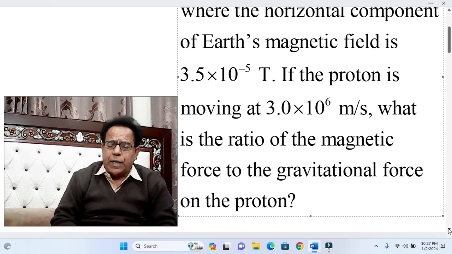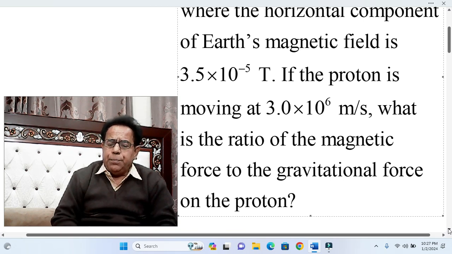We have to find the ratio of the magnetic force to the gravitational force. The problem is not tricky, quite simple.